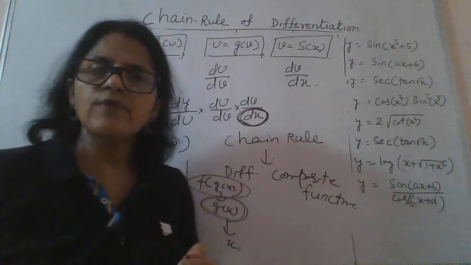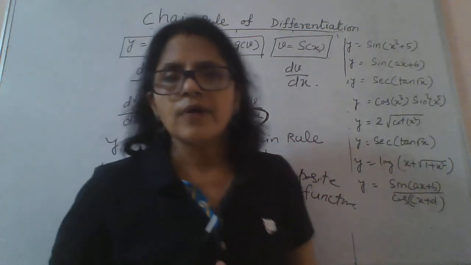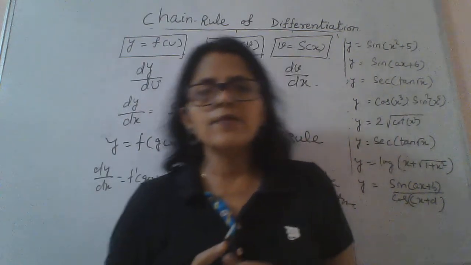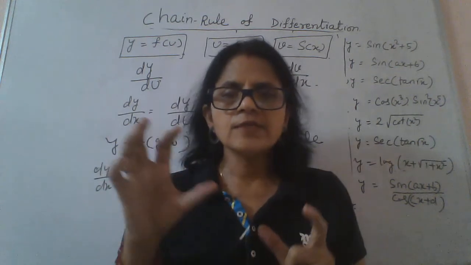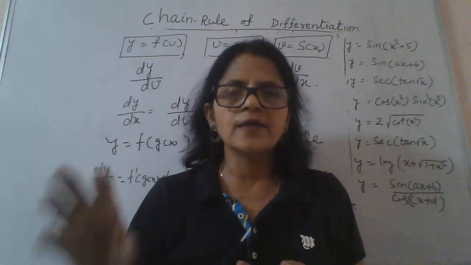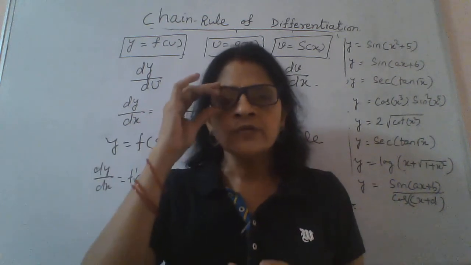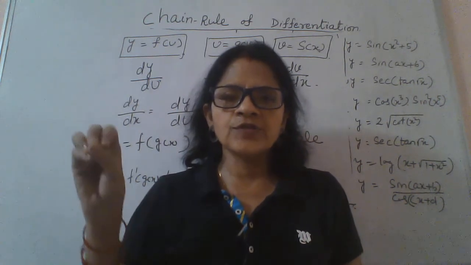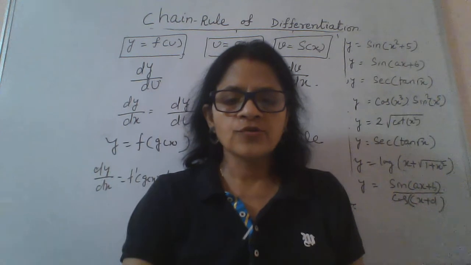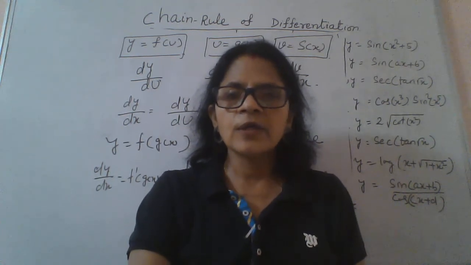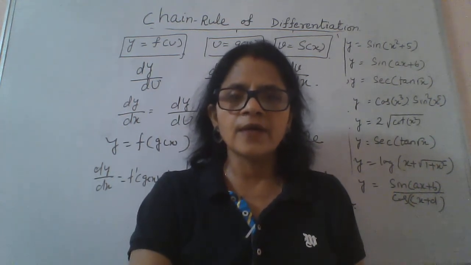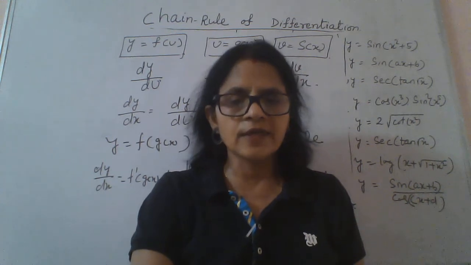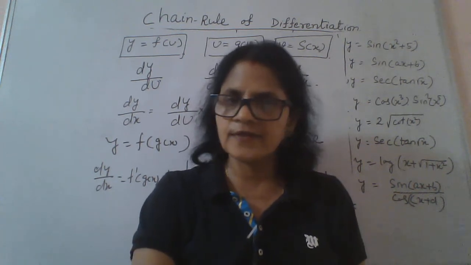Only one thing you have to observe: you have to identify the direct link of this function, what it is a function of. So if I say f of g x, what is that g x? In each function, if the direct link can be identified, unmistakably we can differentiate it.